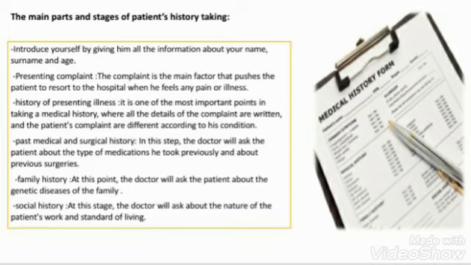In this step, the doctor will ask the patient about the type of medication he took previously and about previous surgery. Family history. At this point, the doctor will ask the patient about genetic diseases in the family. Social history. At this stage, the doctor will ask about the nature of the patient's work and standard of living.